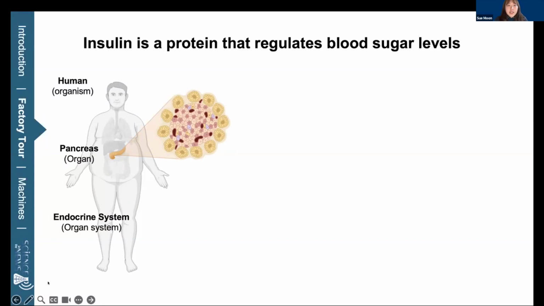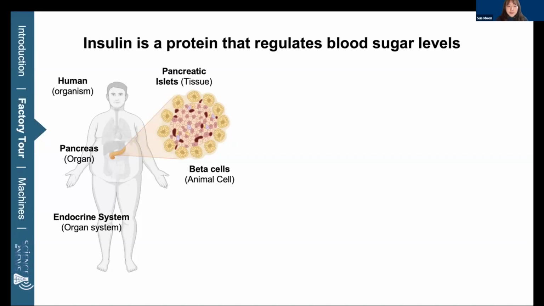Each organ is organized into multiple layers of tissues. The pancreas has tissue called the pancreatic islets. And within these pancreatic islets, there is a specialized type of cell called the beta cell. Since we are talking about humans, beta cells share the general characteristics of an animal cell.